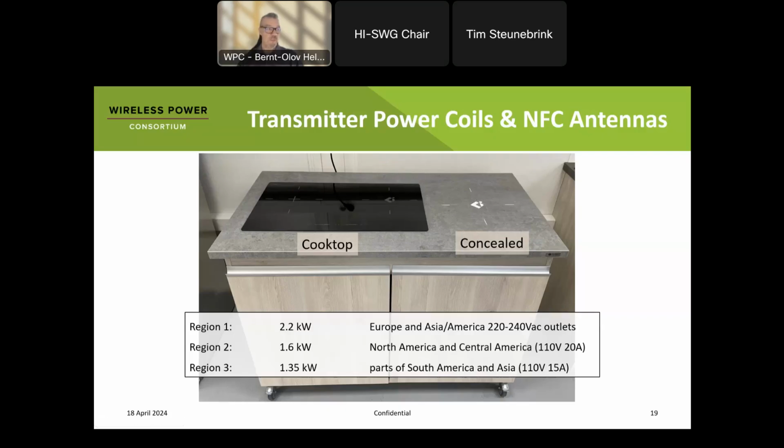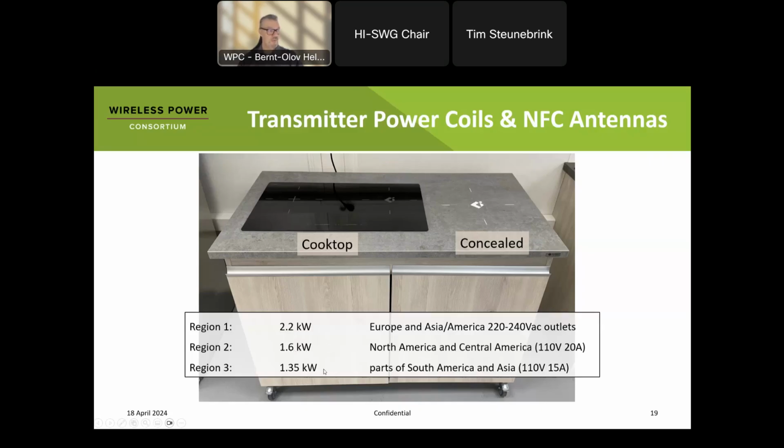Some about the power levels. We have 3 regions defined in the world. In Europe and Asia, we can provide 220, 240 volt up to about 10 amps and more, so the limit is 2.2 kilowatts. Region 2, North America and Central America, is 110 volt and 20 amps, therefore about 1.6 kilowatts.